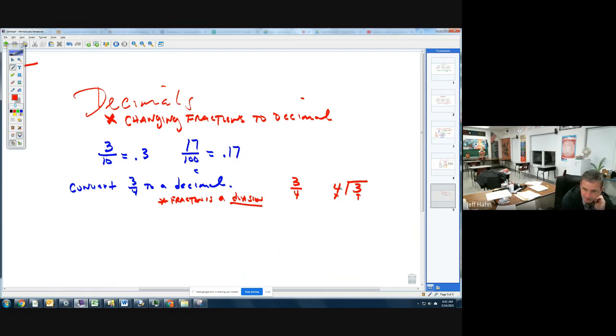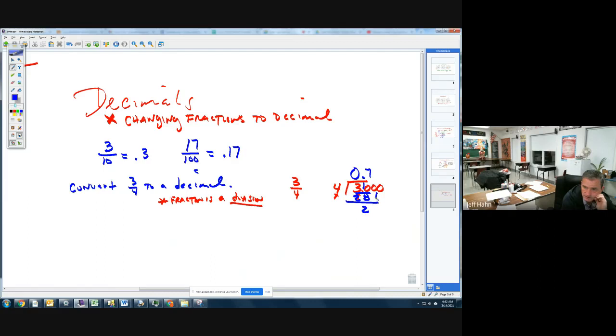And the reason that makes it a decimal is because we have to put a decimal and we have to keep working that problem out till it actually works out evenly. We can't have remainders, we can't have fractions. So everybody knows when you divide by a decimal, we bring the decimal up. 4 doesn't go into 3, but 4 does go into 30 7 times. That's 28.